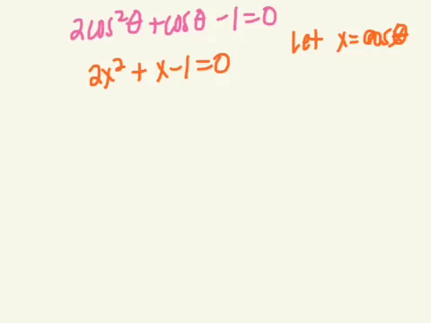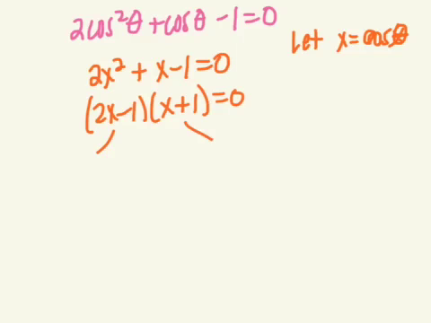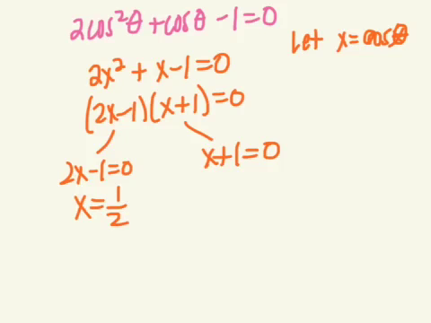Once you split the middle and factor this one, it actually ends up being the same quadratic as number 3, but it should factor into 2x minus 1 and x plus 1 is equal to 0. Take each factor, set them equal to 0. So for here we get x ending up equaling positive 1/2 and negative 1. Keeping in mind that these were cosines.